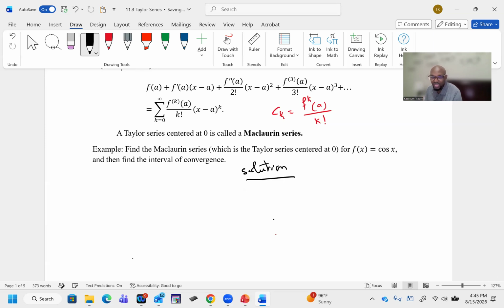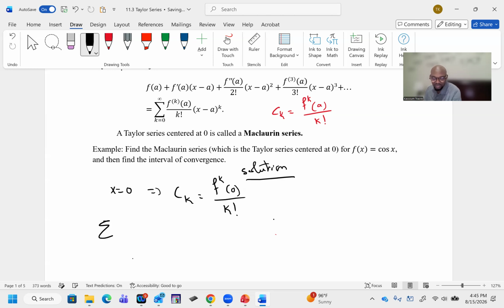So since we have a Maclaurin series, we know the center is at x equals 0. Which means my c sub k will just be what? The kth derivative of f at 0 divided by k factorial, right? And the sum that we will be looking for is what?